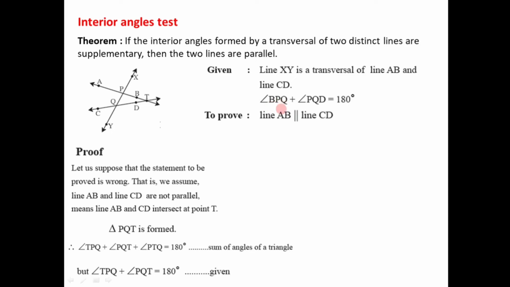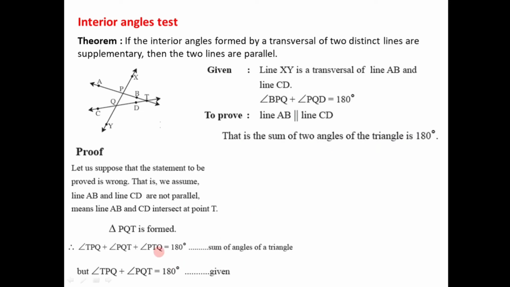So angle BPQ we can rename as angle TPQ, and angle PQD as angle PQT, which is given to be 180 degrees. So these are two angles of a triangle, and by the given we get that the sum of those two angles of a triangle is 180 degrees.